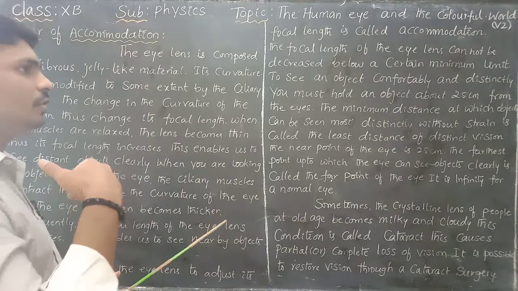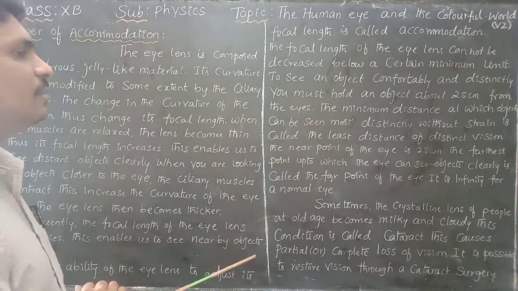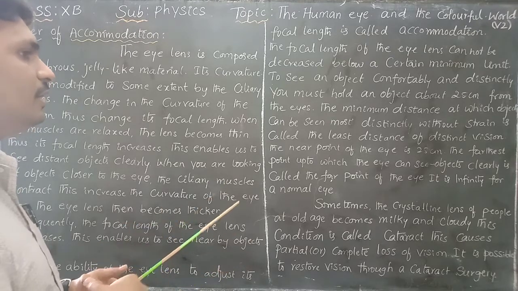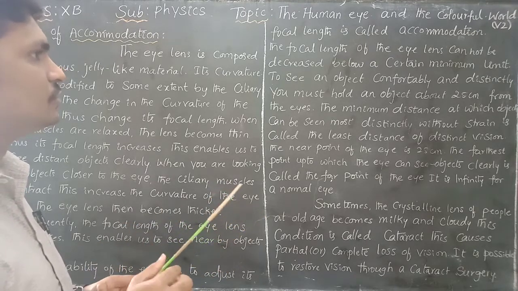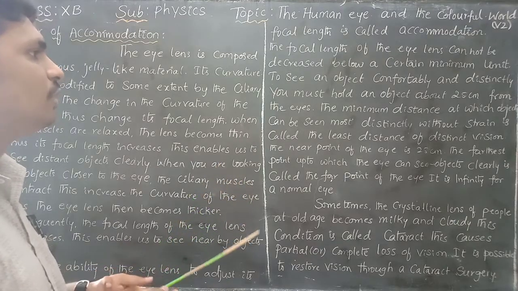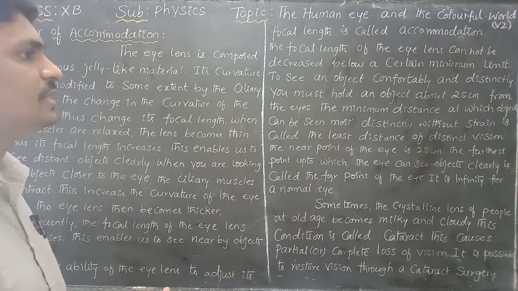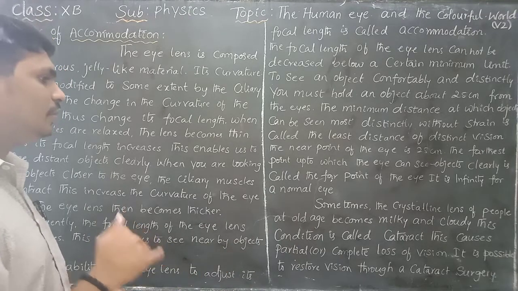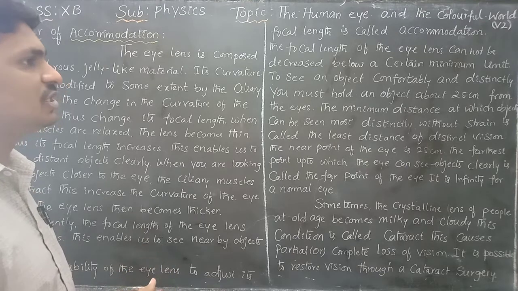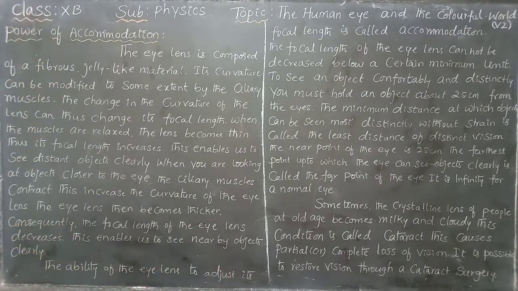In order to see the farthest or distant object, the crystalline lens becomes thin, so the radius of curvature increases and focal length increases. At the same time, in order to see a nearby object much closer to the eye, due to ciliary muscle contraction, the eye lens radius of curvature decreases and focal length decreases.